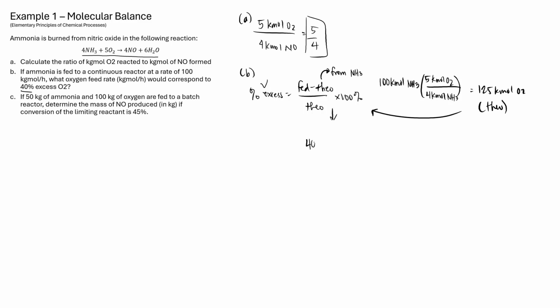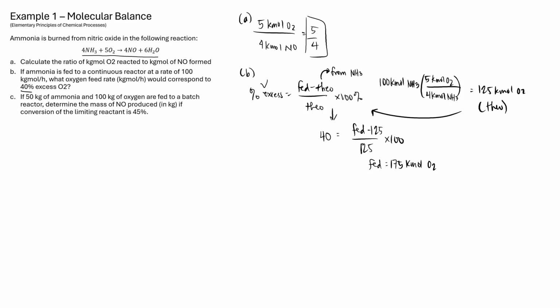So 40 equals fed minus 125 over 125 times 100. So fed is 175 kilomoles.